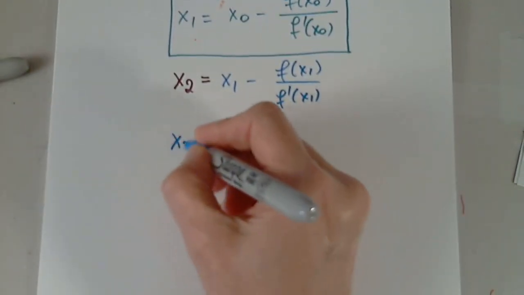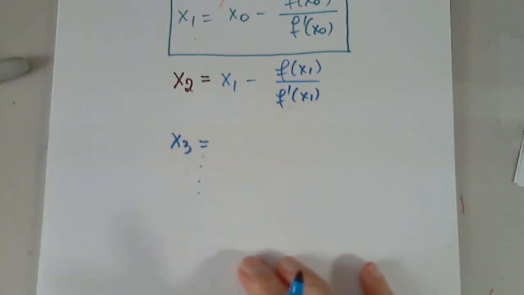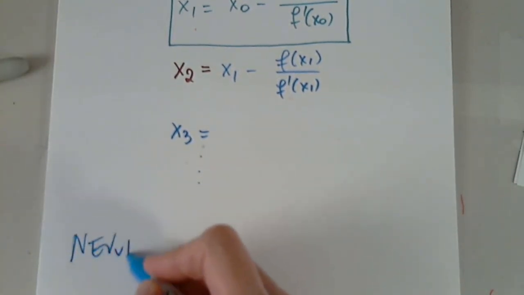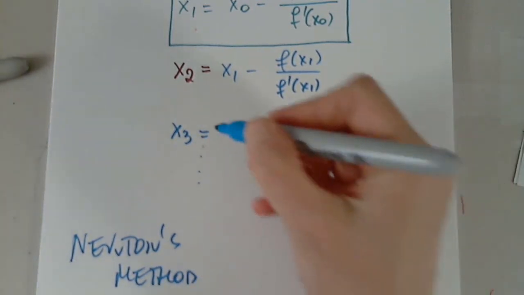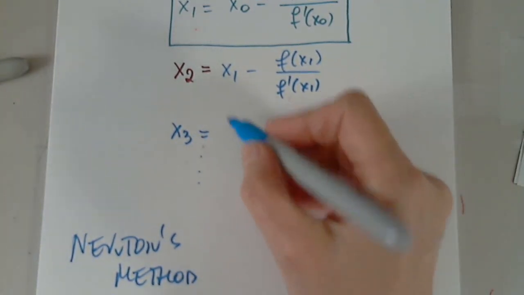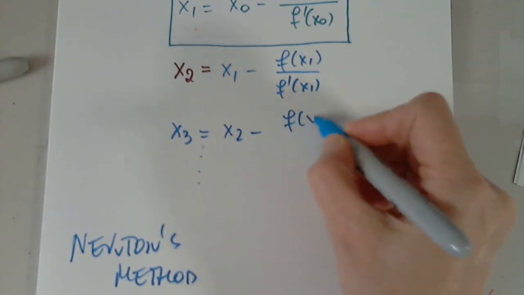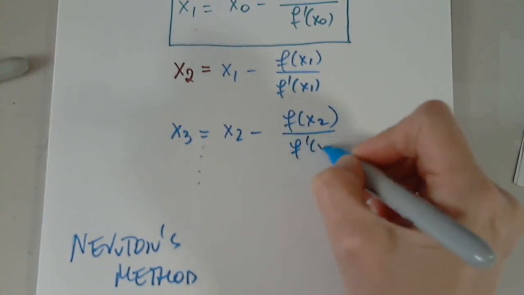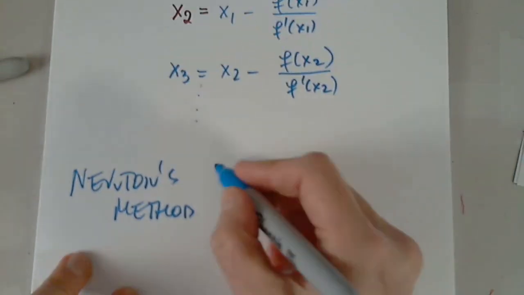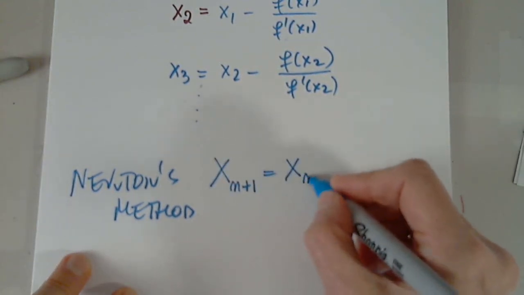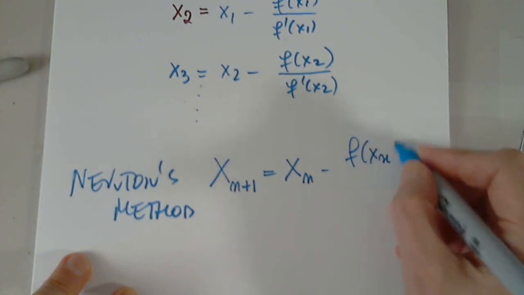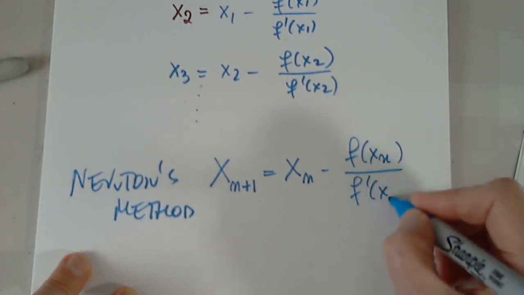Can anyone give us x sub 3? Same thing with 2. Thank you. In general, x sub n plus first equals the previous one minus f of the previous one over f prime of the previous one.